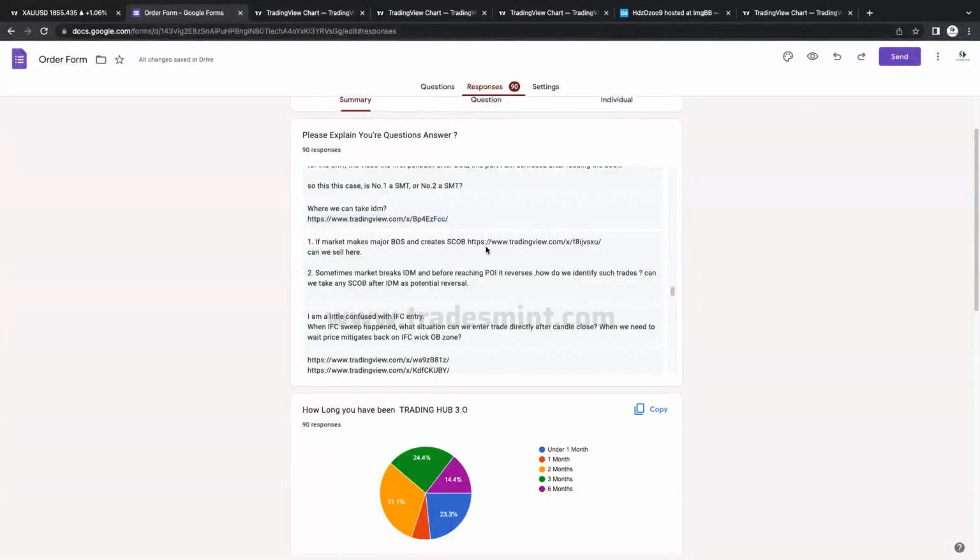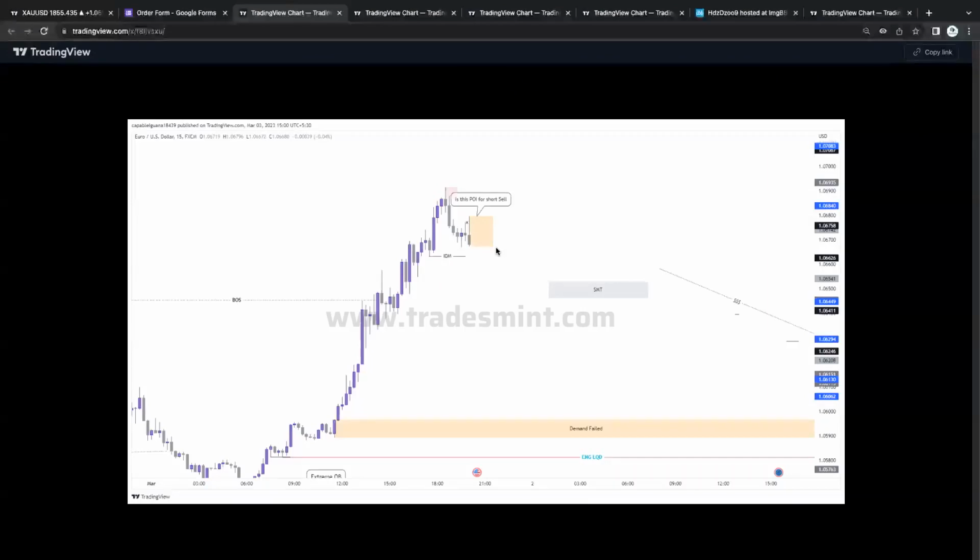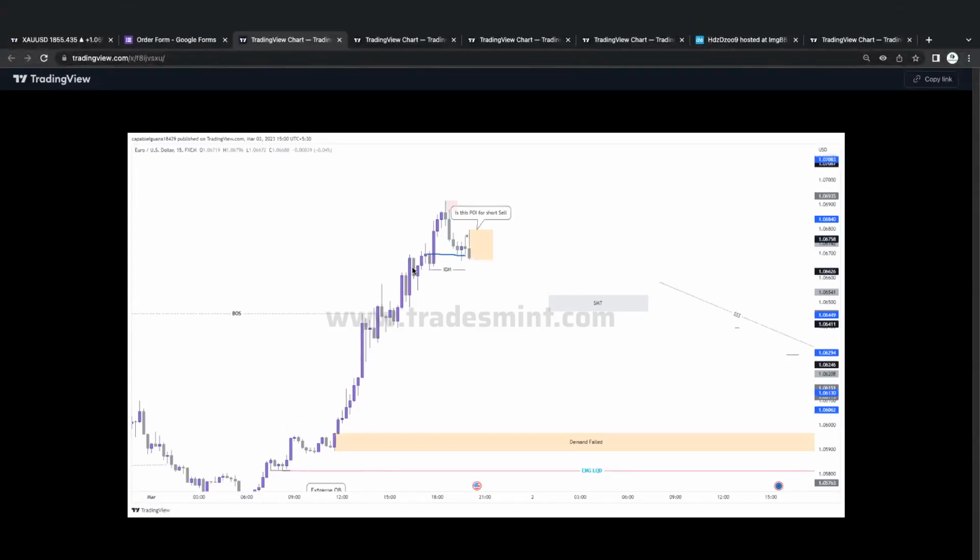If market make this, okay, open this chart first. This is PI for short-term sell. No, sir, you can use this one, but for the short term because you are in bullish trend. Because this is your SMT, as you know, market can be failed this one, right?